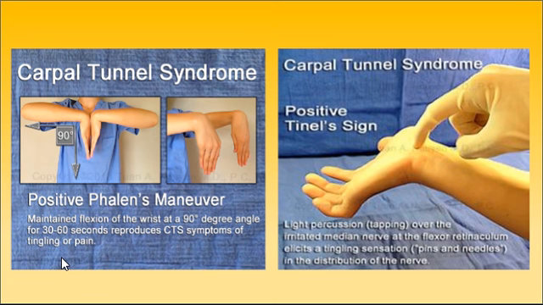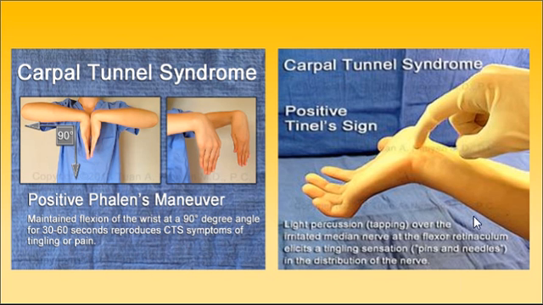The two tests you do for carpal tunnel, which I'm sure you have covered in the past, this is the Phalen's maneuver. And you notice here, it's not just that you can do this position, but maintain it for 30 to 60 seconds. And it's positive Phalen's if it produces the symptoms of pain and tingling when you hold that position for 30 to 60 seconds.